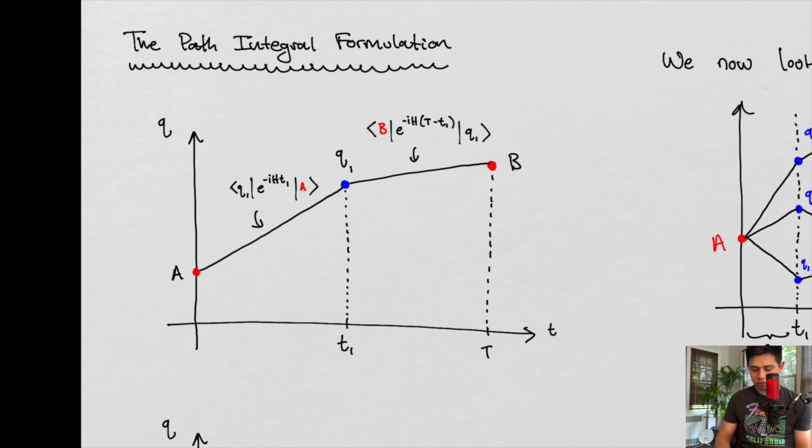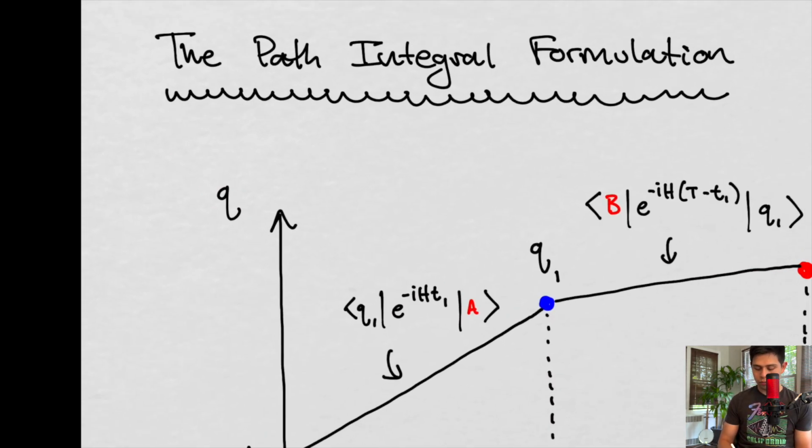So for the path integral formulation, we're going to start off with a very simple picture. We have this graph, and we start off with some initial state. This is Q. If you remember from way back then, we had Q representing some state, and the canonical momentum associated with Q, we'll call this canonical momentum, or C momentum.